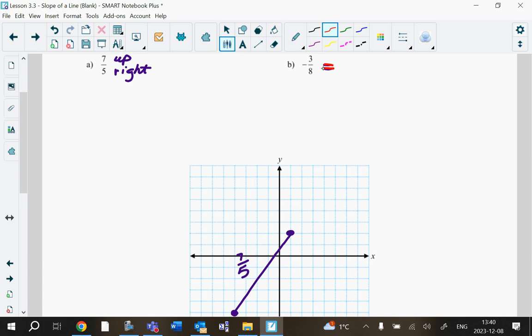A negative in the middle of a fraction is the same as putting the negative in the numerator. And it is also the same as putting the negative in the denominator. All of those mean the same thing. So you decide whether you want to put the negative with the 3 or with the 8, but don't put it with both because a double negative makes a positive.